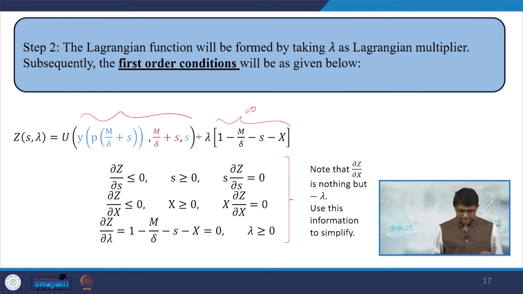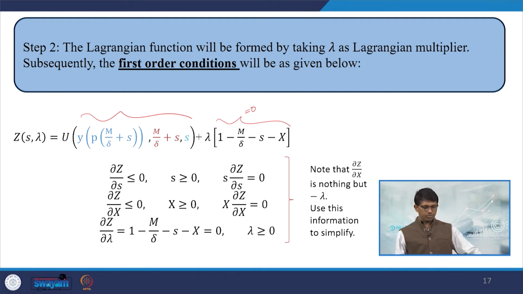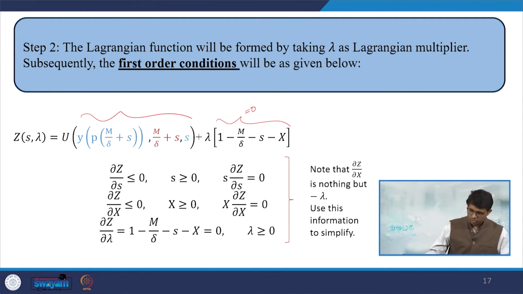So, when we take the derivative with respect to s, it is non-positive, whereas the product s times dg by ds is equal to 0, and then the product one is x times the first order derivative equal to 0.